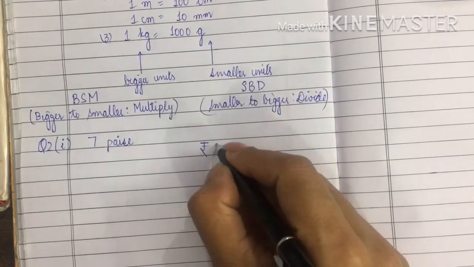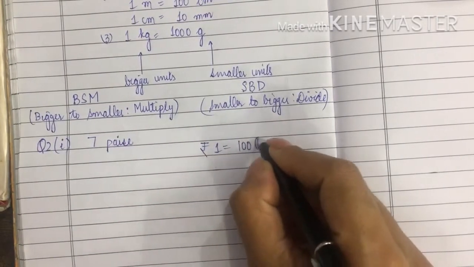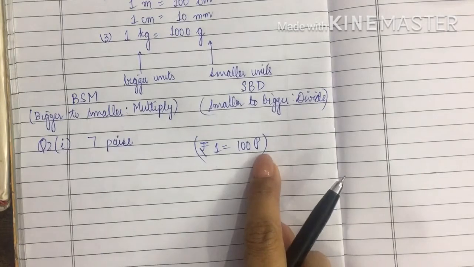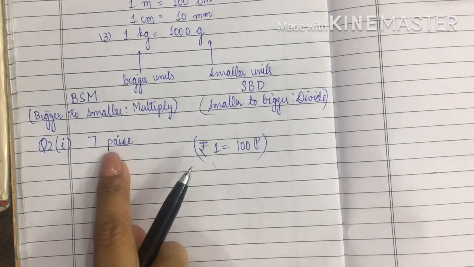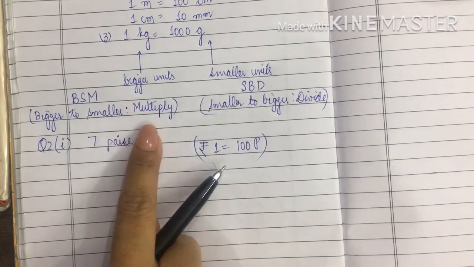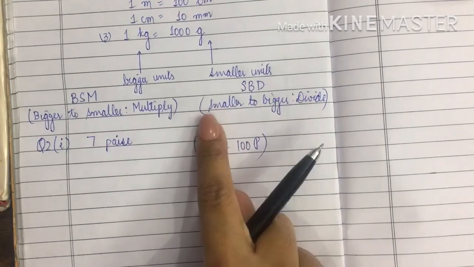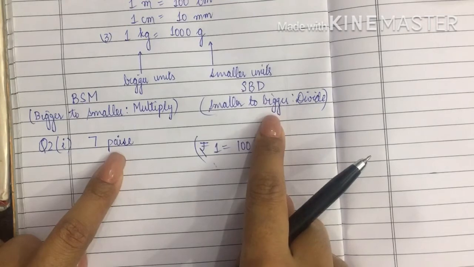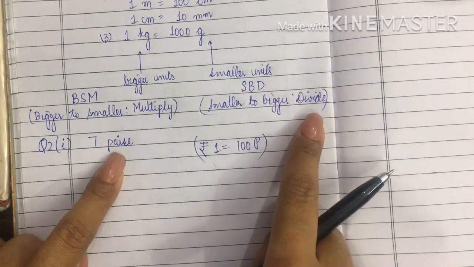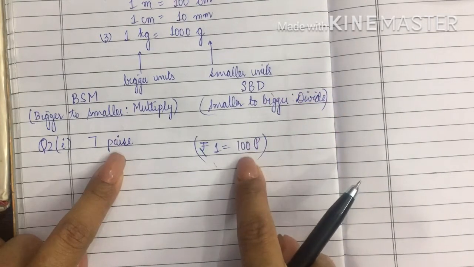Now we know that 1 rupee equals to 100 paise, and we are converting paise to rupees. The value is in smaller units, paise are smaller. We want the answer in rupees, the bigger units. So what we're going to do is we are going to divide. We have smaller units, we want the answer in bigger units, so we shall divide, and we shall divide by 100.